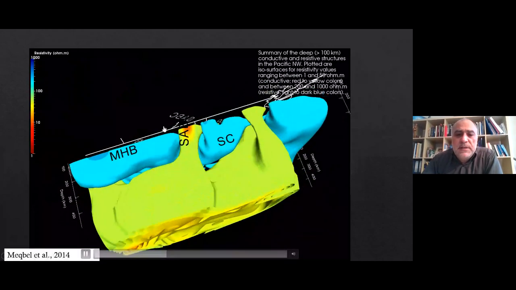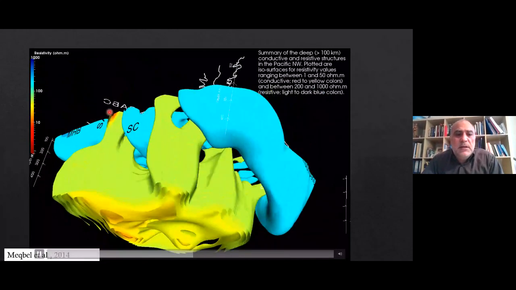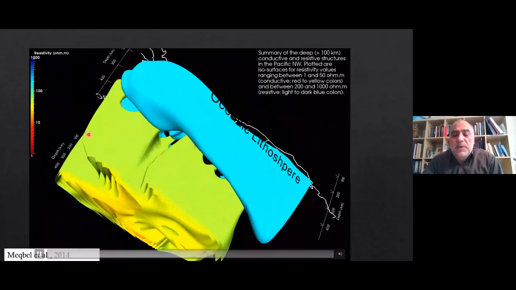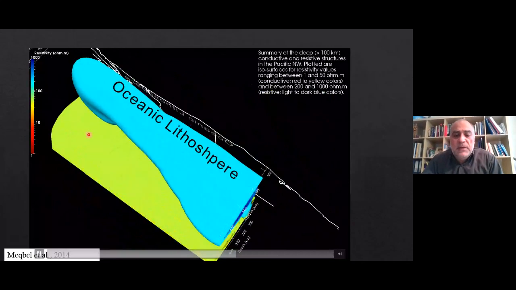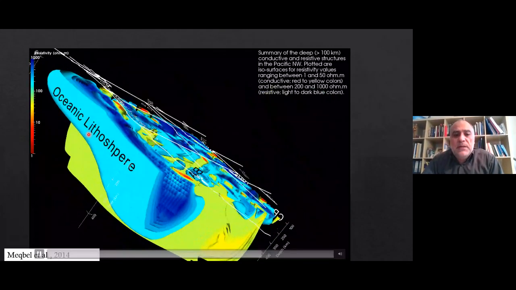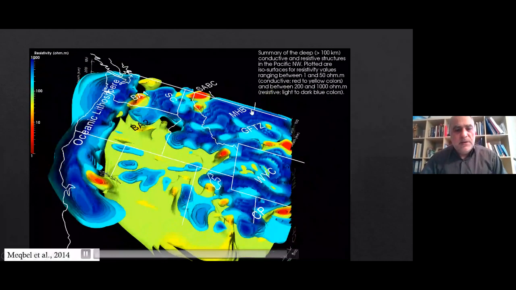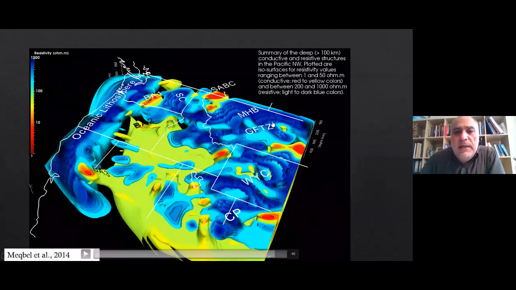We also observed several conductive anomalies, like this one here, embedded between two other resistive structures, and our interpretation for that is slabs. You can clearly see the resistive material of the cratonic area.